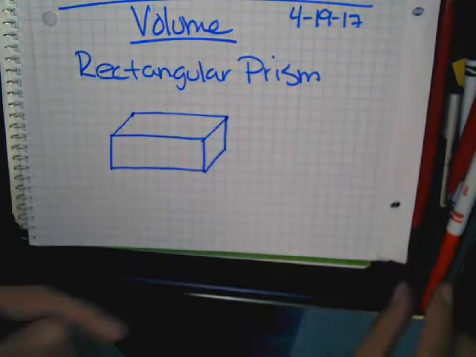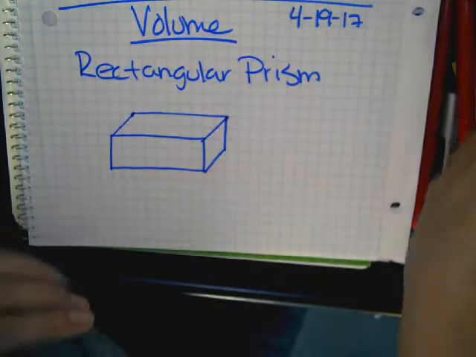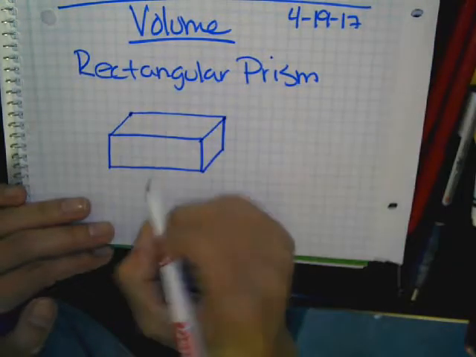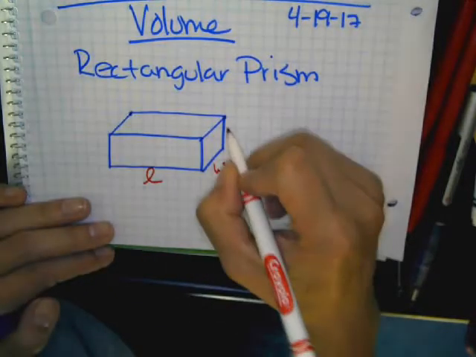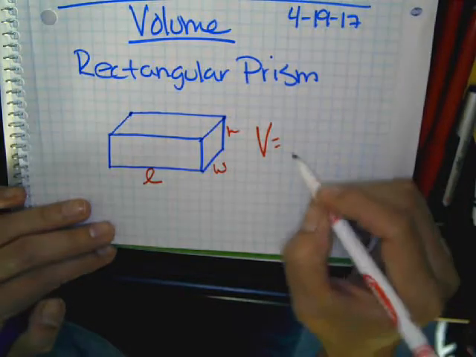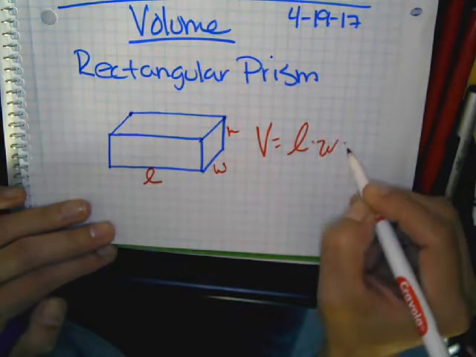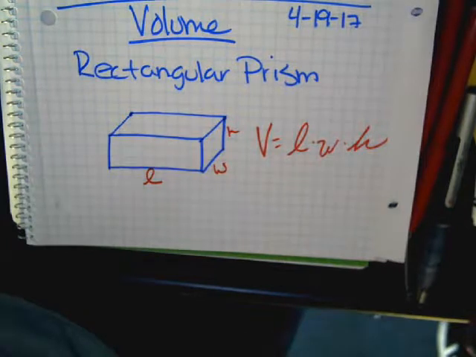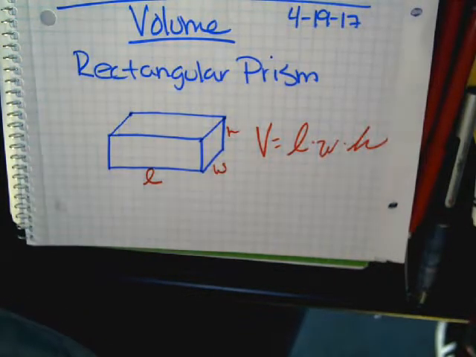Cool. So this is your length, width, and your height. So to solve for volume, volume equals length times width times height. Length times width times height. That's the formula.